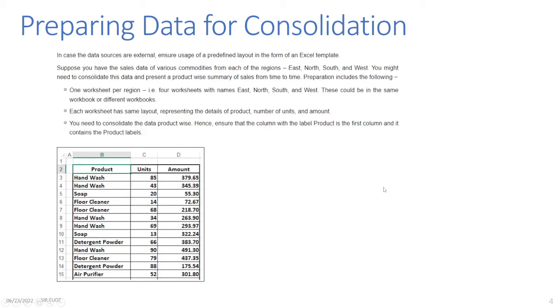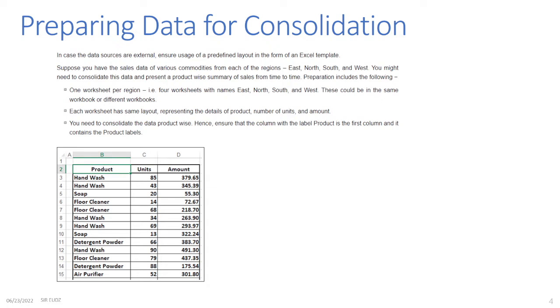Preparing data for consolidation. In case the data sources are external, ensure usage of a predefined layout in the form of an Excel template. Suppose you have the sales data of various commodities from each of the regions, East, North, South, and West. You might need to consolidate this data and present a product-wise summary of sales from time to time.